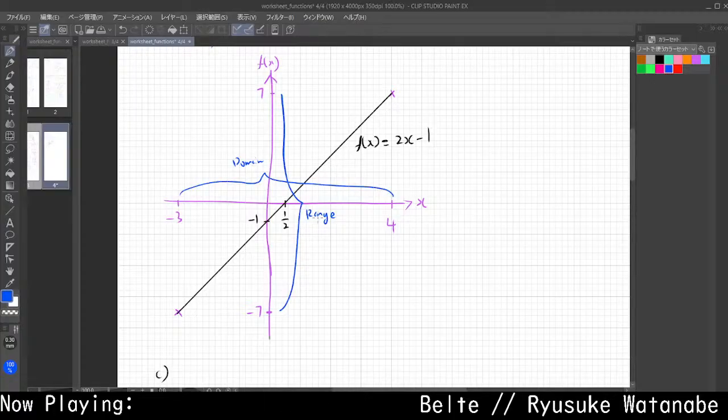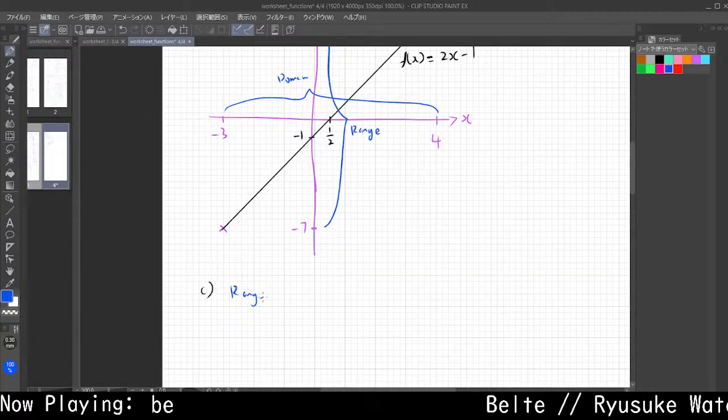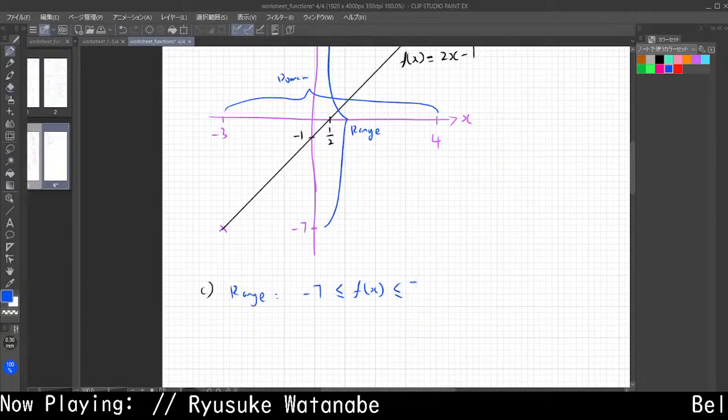Range is your vertical axis values, y-axis, f(x) axis, depends on what you want to call it. They all mean the same thing. So your range in this case is -7 to 7. So -7 ≤ f(x) ≤ 7. You can write it that way. If you want to write it in set notation, you can also do that, but it's not necessary. Just use the inequalities.